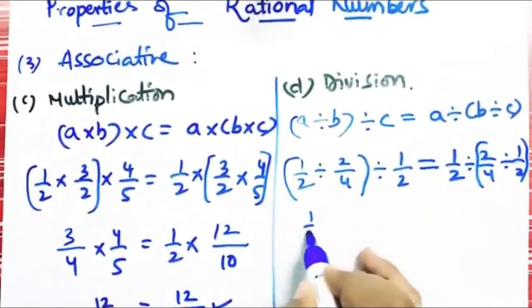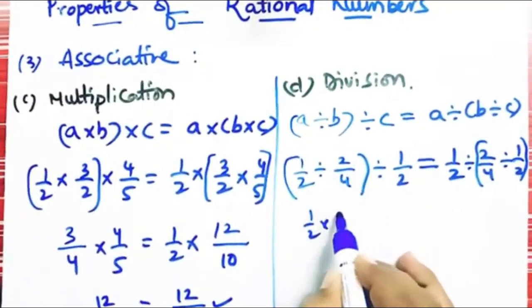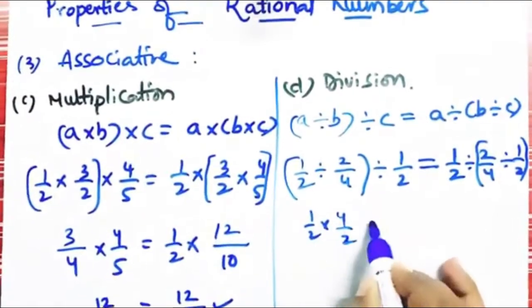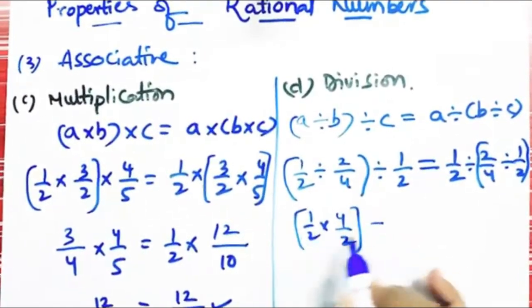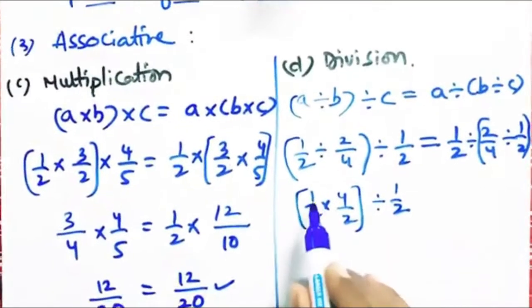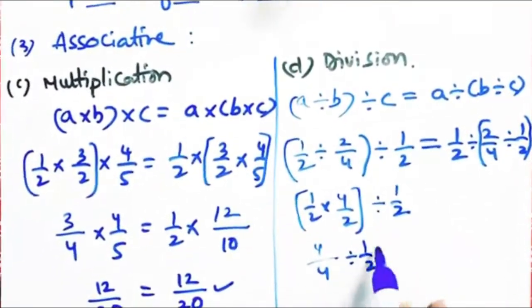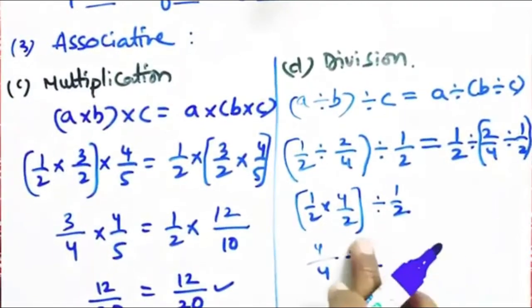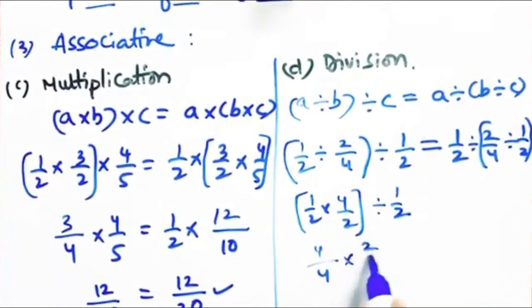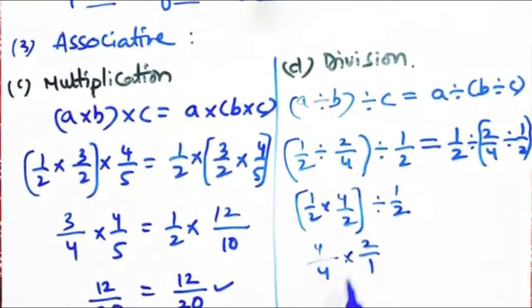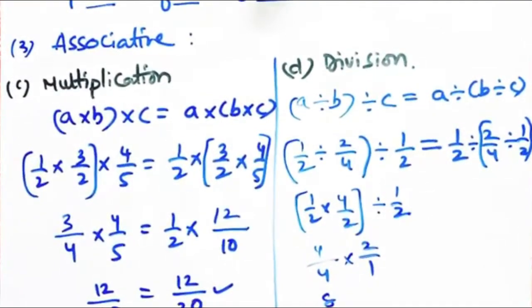Here we write the reciprocal: 1 by 2 times 4 by 2, and that answer is again divided by 1 by 2. So 1 times 4, that is 4, divided by 1 by 2. Again we write the reciprocal, so 1 by 2 will become 2 by 1. That answer is 8 by 4, which is equal to 2.